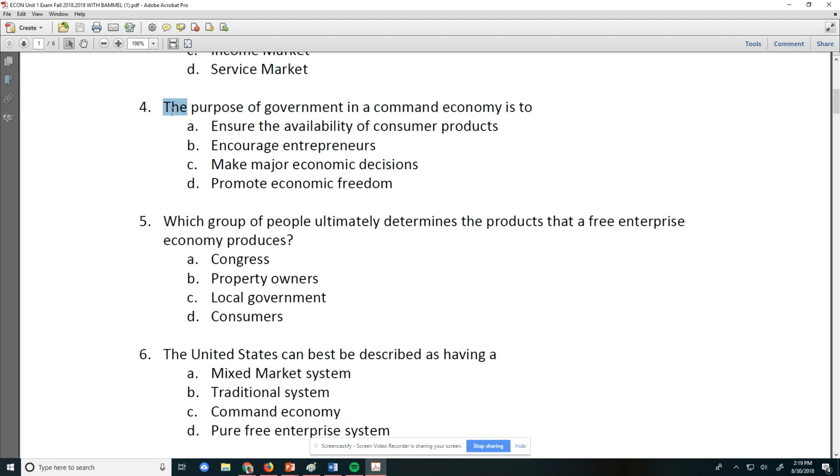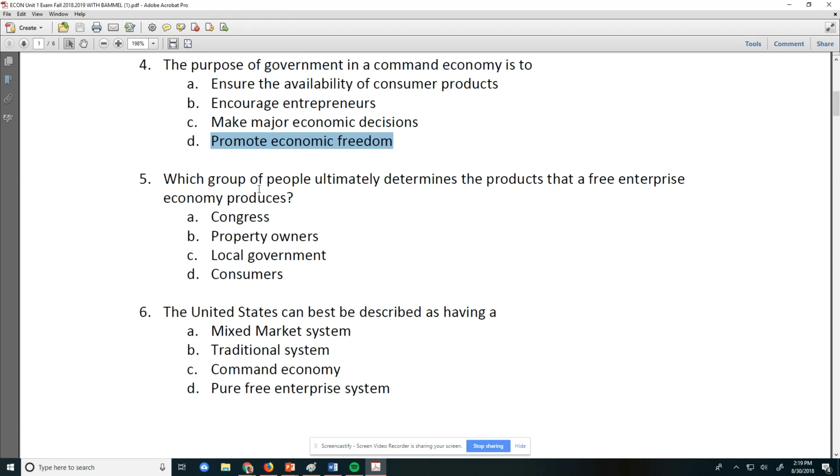Number 4, the purpose of government in a command economy is to ensure the availability of consumer products, to encourage entrepreneurs, make major economic decisions, promote economic freedom.